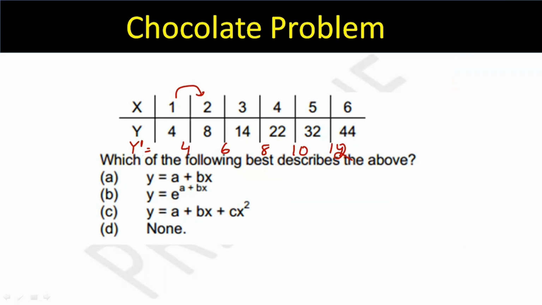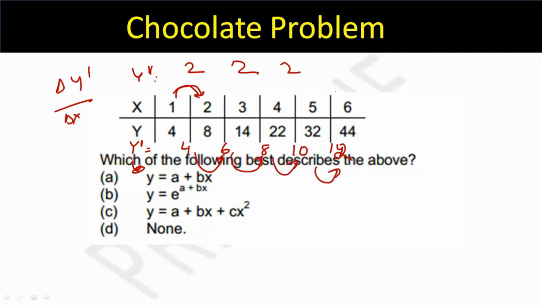Now let's move on to the second derivative. Say y double dash. So second derivative is delta of y dash by delta x. So when you're moving x by 1 unit, y dash is changing from 4 to 6. So it is 2 here. Similarly, it is changing by 2 each time.